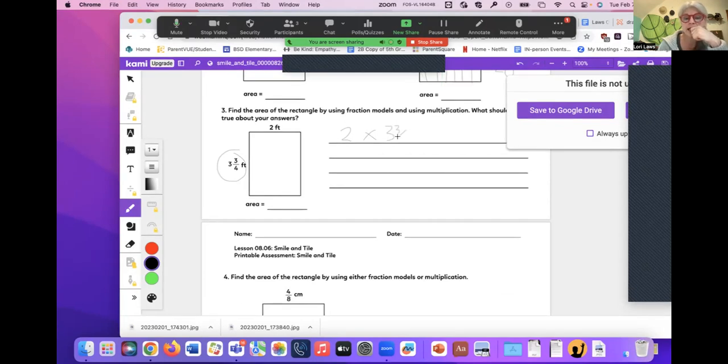So to change that into quarters, you're going to say to yourself, well, each one of these 3 is 4/4, and I've got 3 of them. So that's how many fourths? That's 12/4, because 3 times 4 is 12. 12/4, which is the same as 3 wholes, plus 3/4, which is going to be 15/4 times 2 wholes.